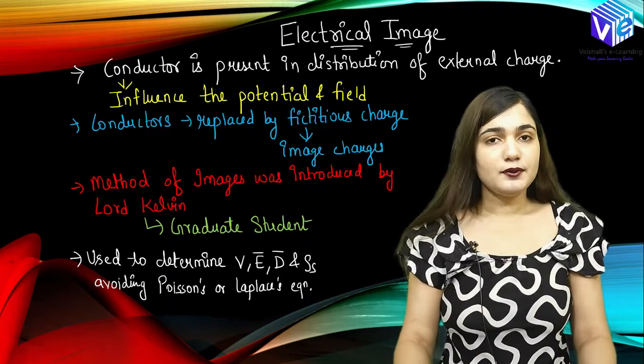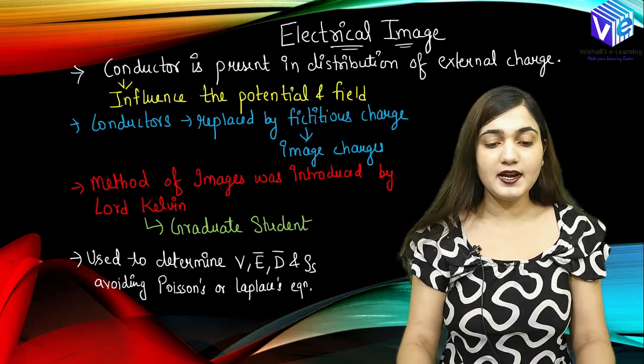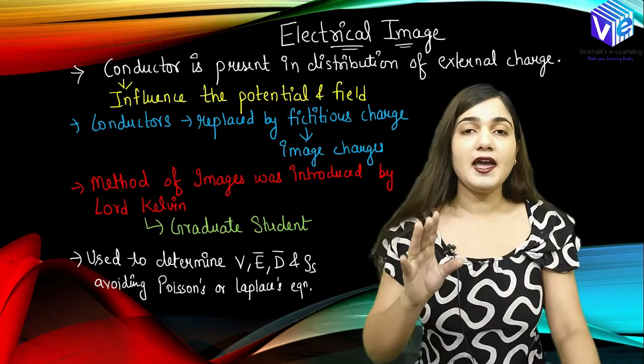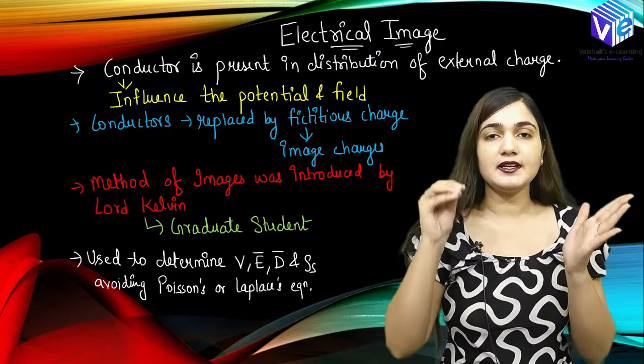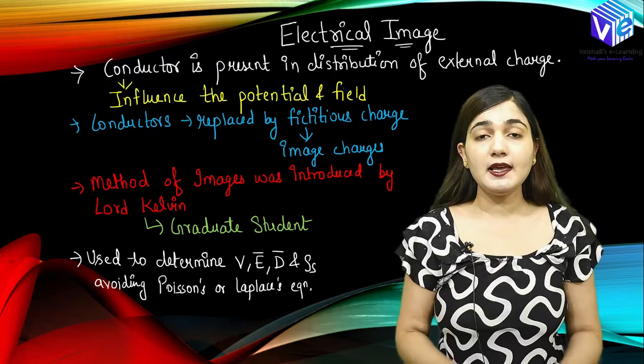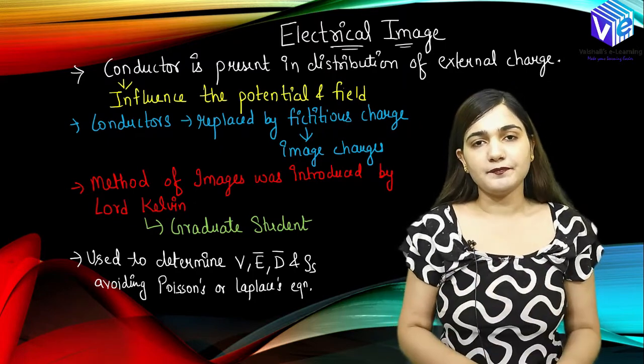So the potential, electric field, electric flux density, as well as the surface charge density, all of them are going to modify if I have the conducting plane present in the vicinity of a point charge. So he gave a method by which we can solve this problem, right?